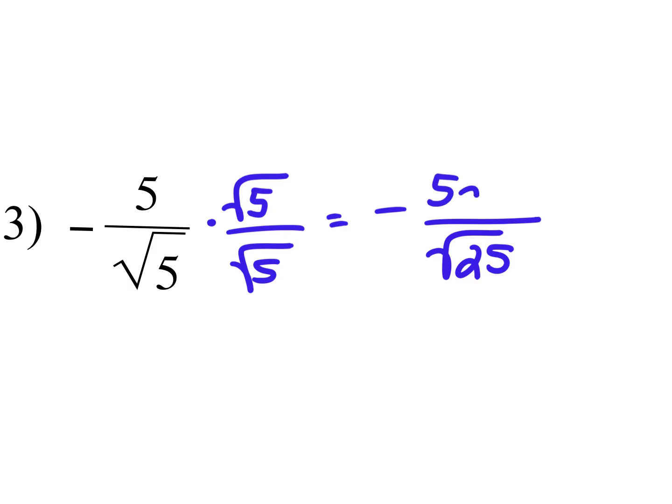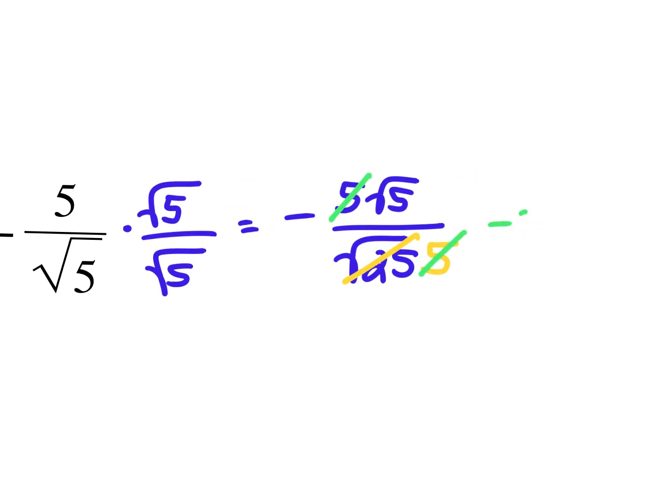So it's 5 square root of 5. And now you see if you can cancel or simplify at all. What is the square root of 25? 5. So now can I cancel anything else? The 5 on the outside, yep. 5 goes into 5 once, 5 goes into 5 once. So all you have left is the radical 5.